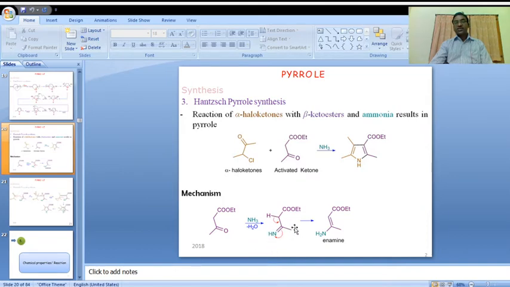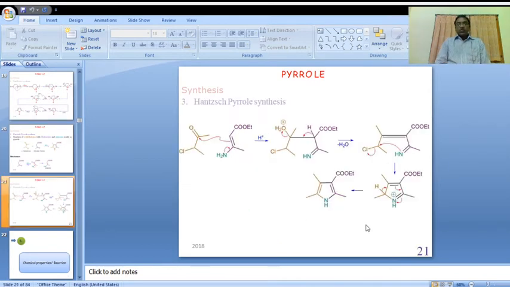From this intermediate, shifting of hydrogen, migrating of hydrogen here, H plus ion shifted to this side. It is converted into an enamine, an amine functional group containing compound. It is called an enamine. This is the first step in the mechanism part.